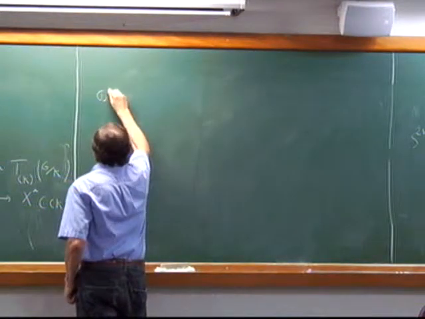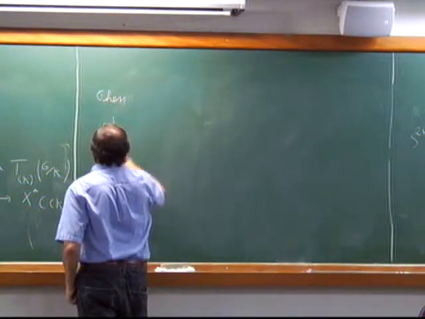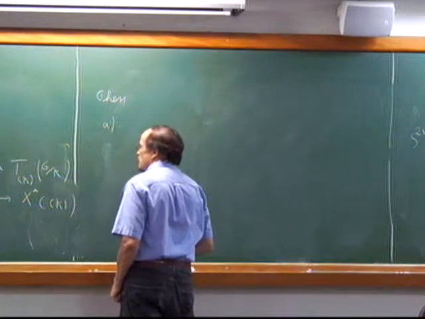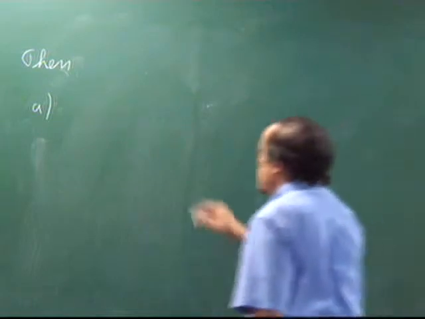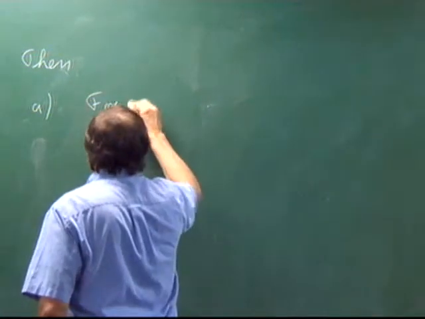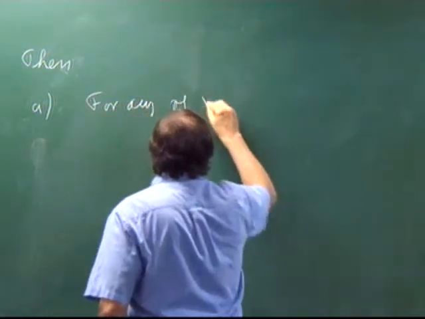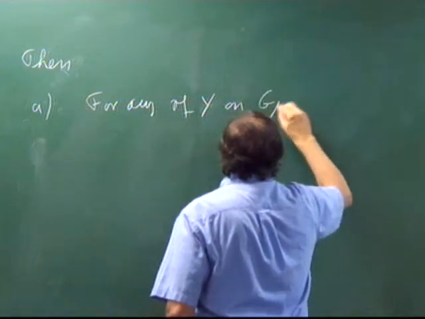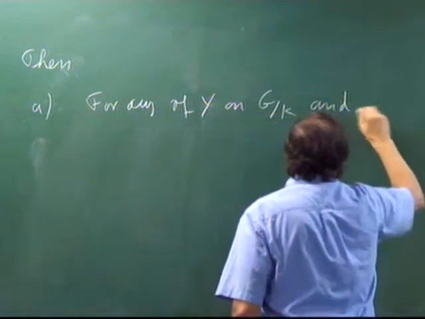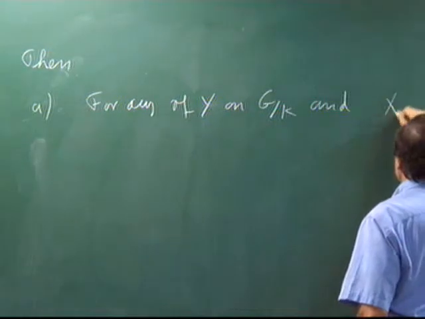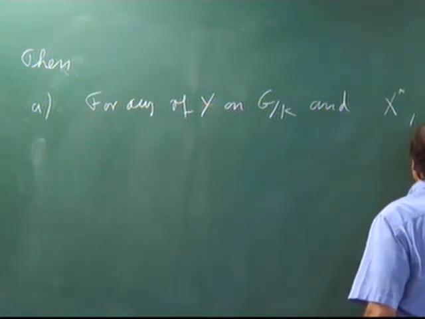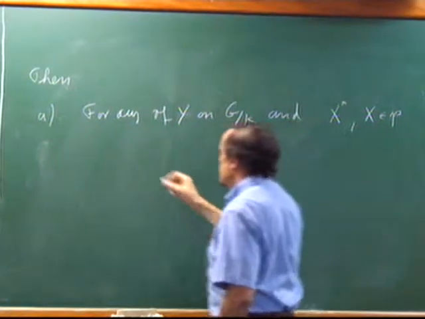So then let me describe the connection first. Let's see, to do this in the right generality: for any vector field Y on G mod K, and for X* with X in P, the following thing holds.